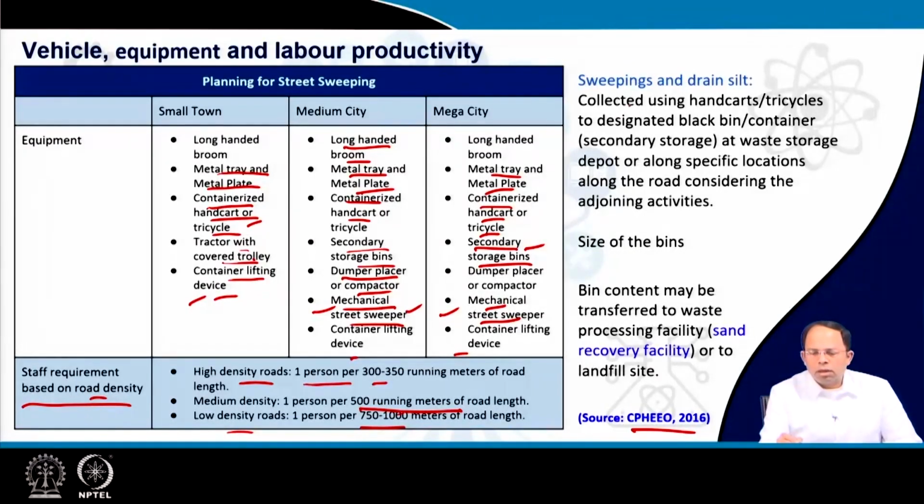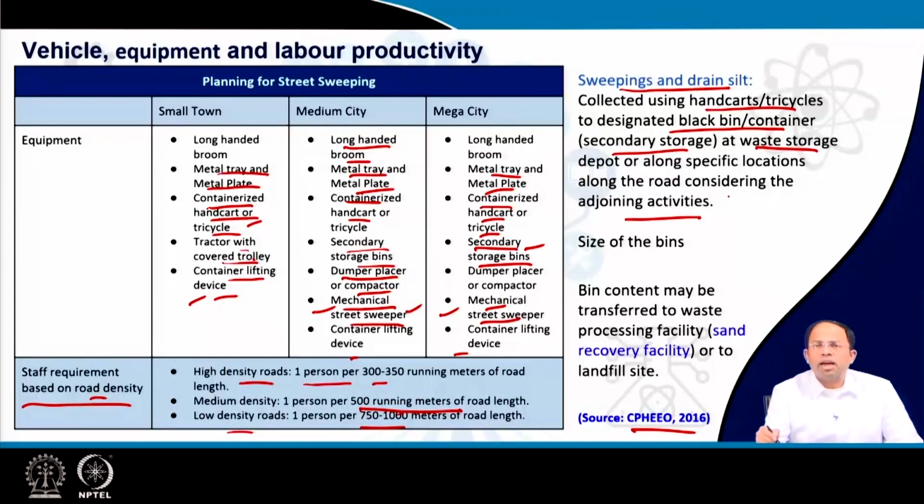So drain silt, as we said, is also collected along with road sweeping. We can collect both road sweepings and drain silt using handcarts and tricycles, and they could be taken to designated black bins or containers, which are secondary storage at waste storage depots or other specific locations along the road, considering the adjoining activities.